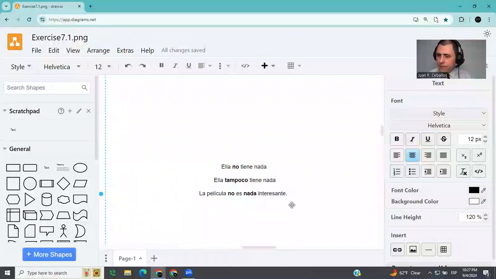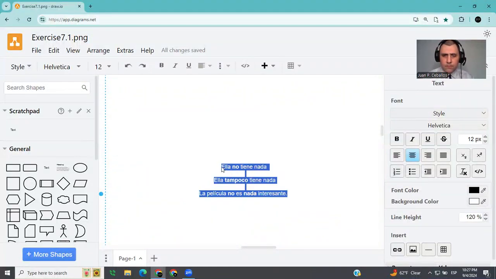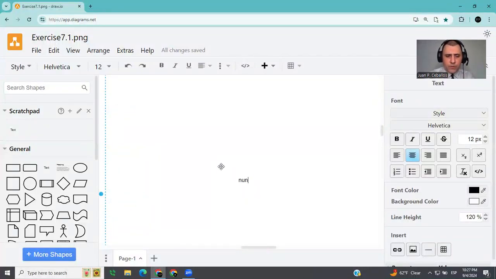Another thing that can happen is with nunca. So the negative expression nunca or jamás, which are synonyms, are very flexible. And I'm going to show you an example. This is the first example that I'm going to give you.